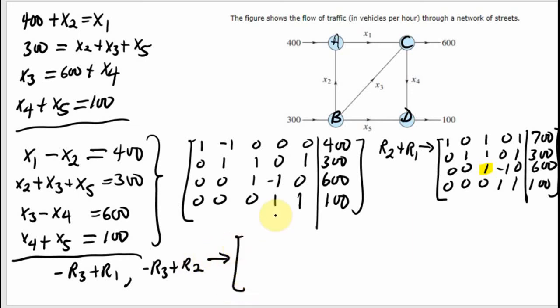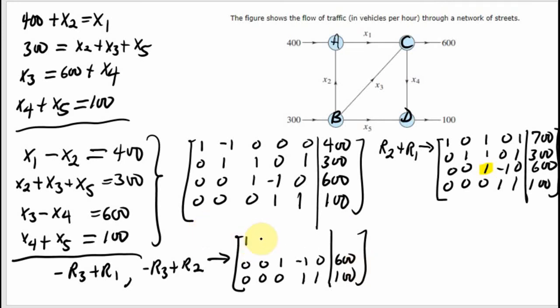So let's see here. Rows 3 and 4 stay the same. So since I'm simple-minded, I'm going to just rewrite those first. So now row 3 plus row 1.